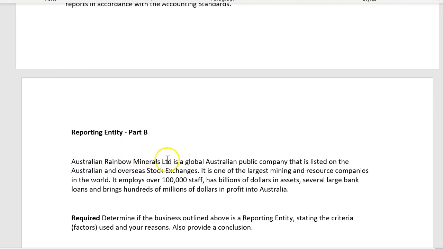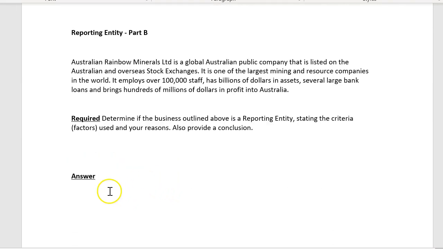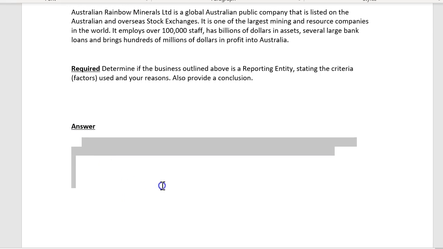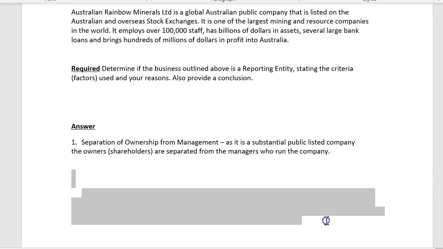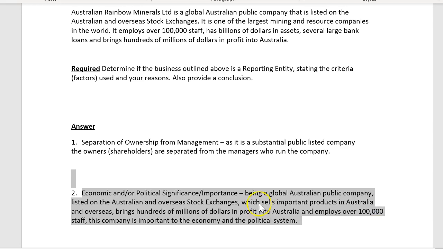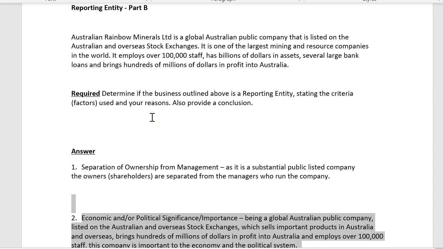Australian Rainbow Minerals Limited has clear separation of ownership and management, as in their shareholders do not run daily business operations. This business is also economically and politically important, as it employs 100,000 staff and has a number of suppliers and other businesses which are dependent on it.